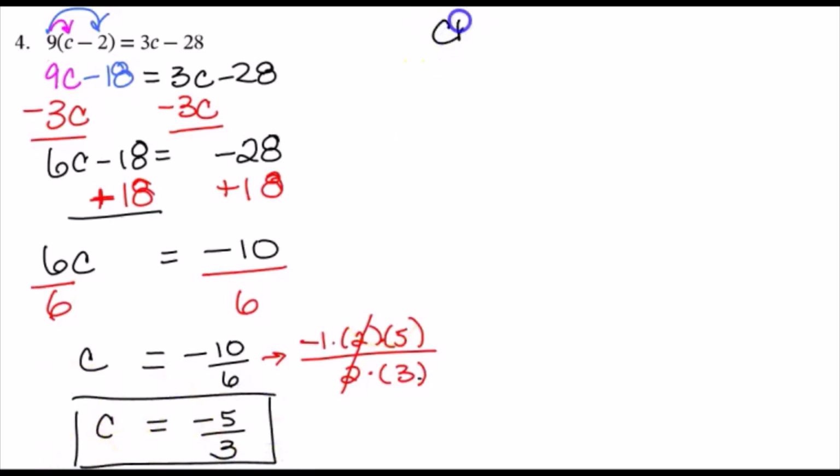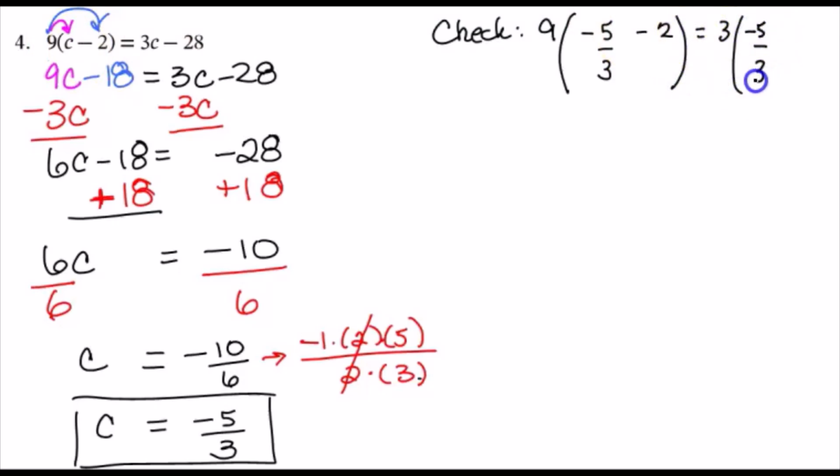And then we check. We have 9 times negative 5 over 3, substituting in that value for c, minus 2, should be equal to 3 times negative 5 over 3 minus 28.